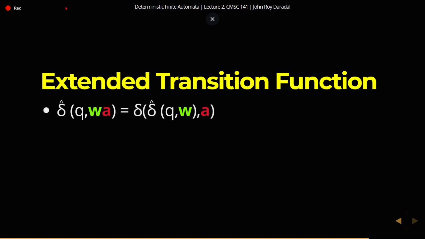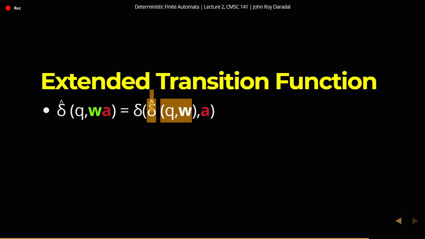Formally, the definition of the extended transition function is like this. If you have the state Q, and you're processing a string WA, that means the prefix of the string is W and the last symbol is A. You could get this by taking the delta of the state in which delta hat of Q and W, the prefix, ends up, paired with A as the input symbol.